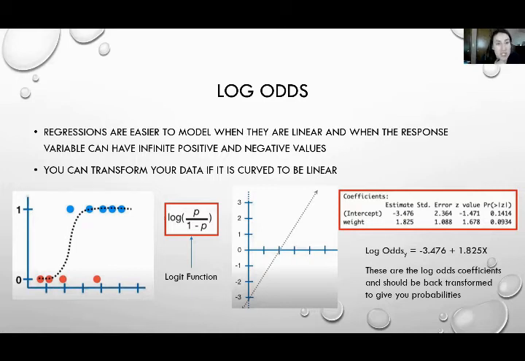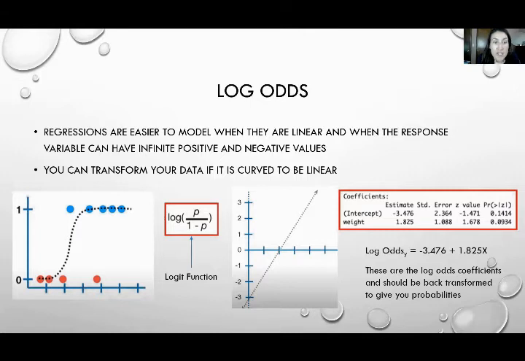So let's take a look at the graph on the left. This is a representation of the type of data that we would have. So let's just say on the x-axis, we have a continuous predictor variable, and on the y-axis, we have our discrete binary variable. And it's this curved function. So what we can next do is take the log odds.